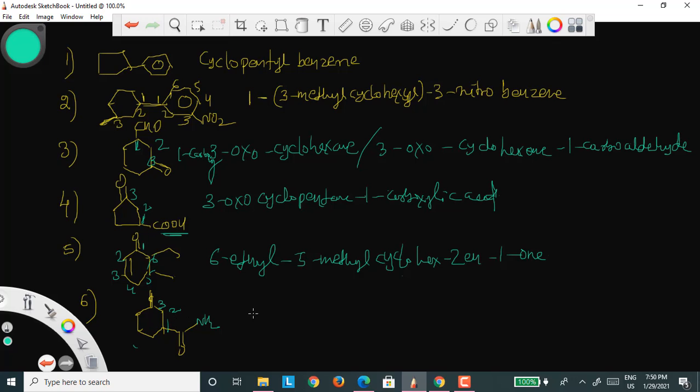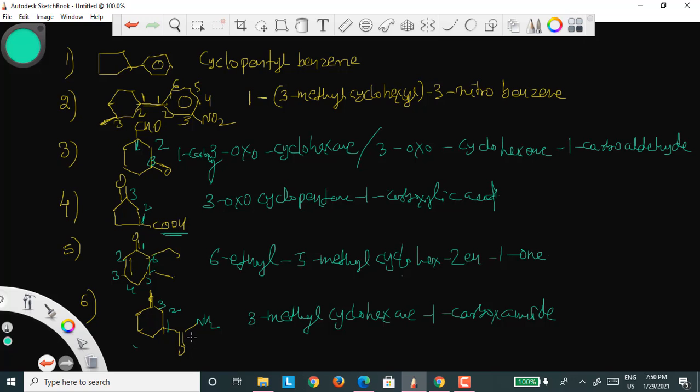So you can give 3-methyl cyclohexane-1-carboxamide. This is an amide group, so the carboxylic acid derivative is carboxamide.